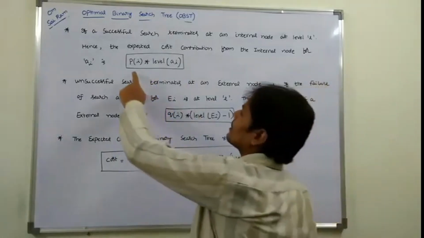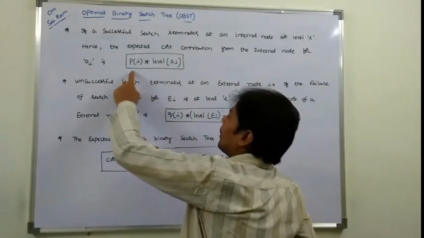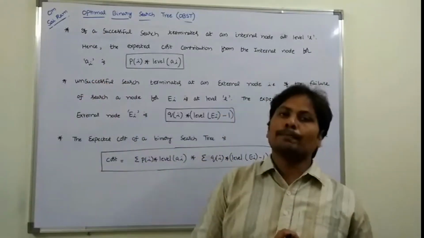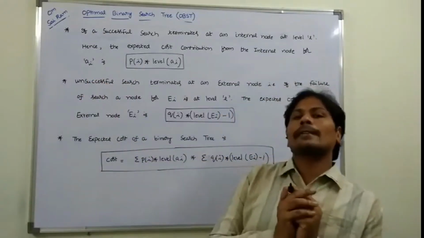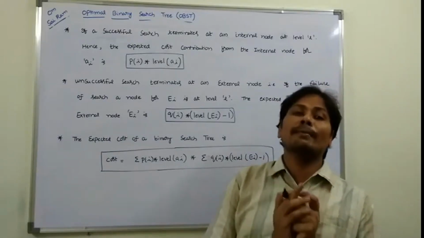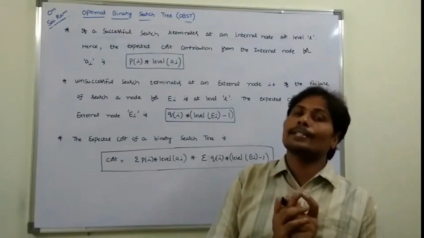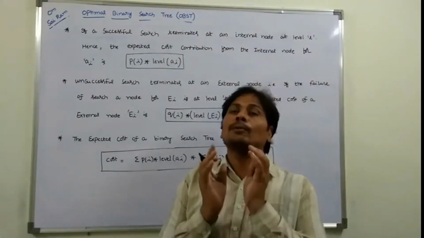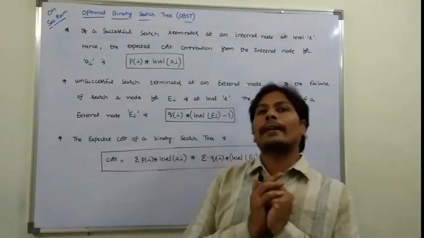So P of I is the probability of successful search for an identifier A of I. At which node does the successful search terminate? The successful search terminates at an internal node. So what is the level of that internal node?